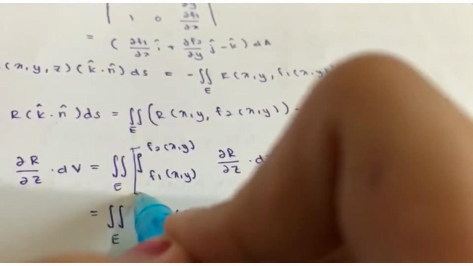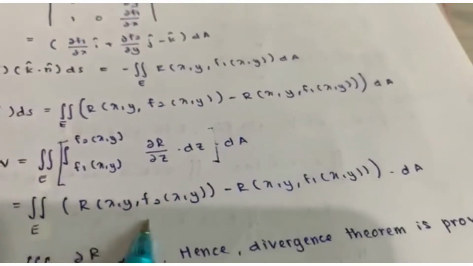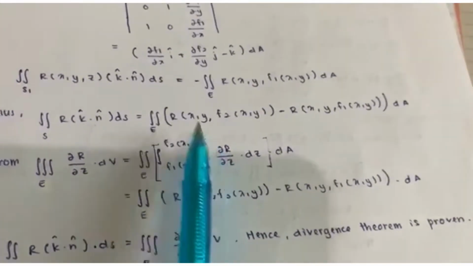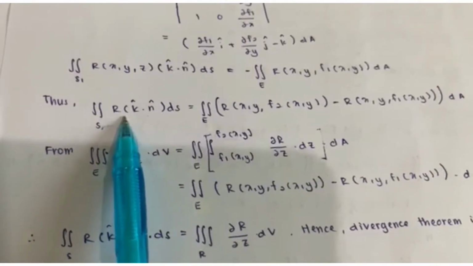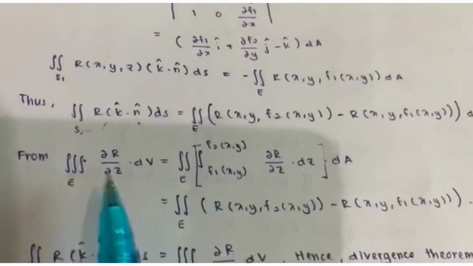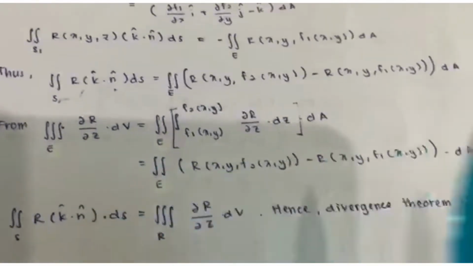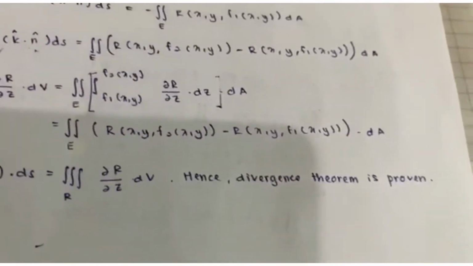We solve for this first part, and then we get this equation, and this equation is the same as this equation. So we already showed that the double integral over S of R k dot n dS is equal to the triple integral over E of del R over del z dV. So the divergence theorem is proven. That's all from me. Thank you.